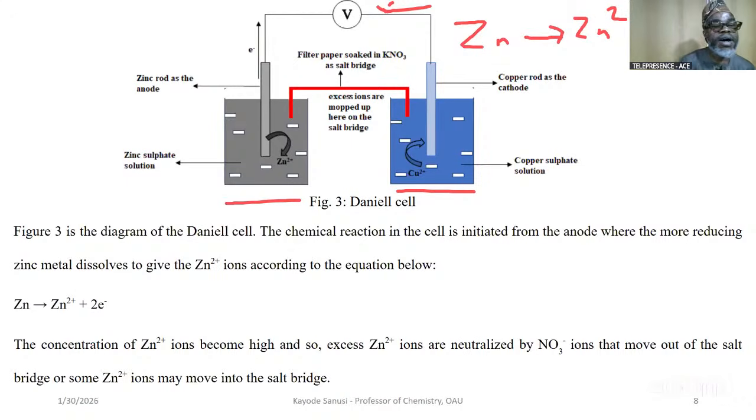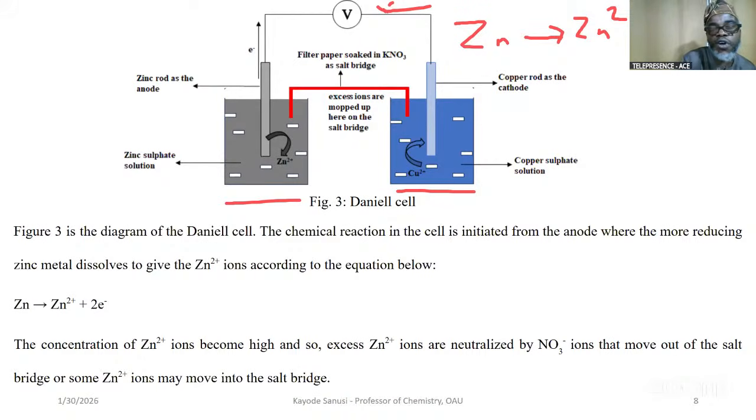We are not talking about connection in series, because I can see some of you are saying some things here. All right, the Daniell cell: if you have this as an individual, you have a zinc electrode here and a copper electrode here, you do not have a cell. It is until you join them together that you have a cell. What you will have is a half cell, and a half cell cannot produce electricity.